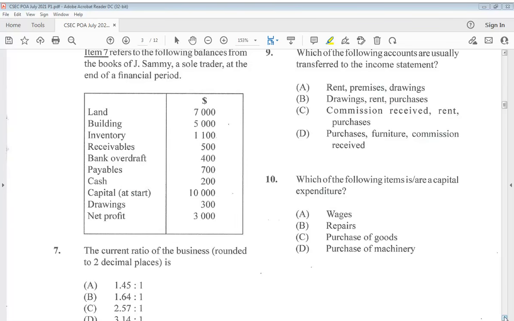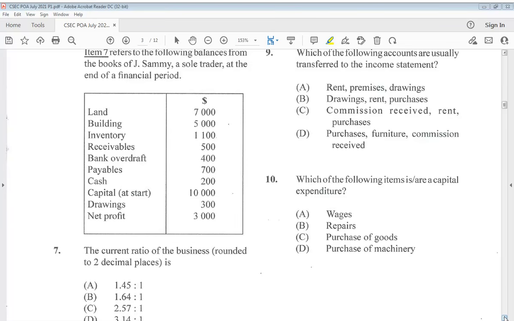We know the current ratio compares current assets with current liabilities, and the formula is current assets divided by current liabilities. So let's do a total of our current assets. We have inventory $1,100, receivables $500, and cash $200. When we add, that's a total of $1,800.